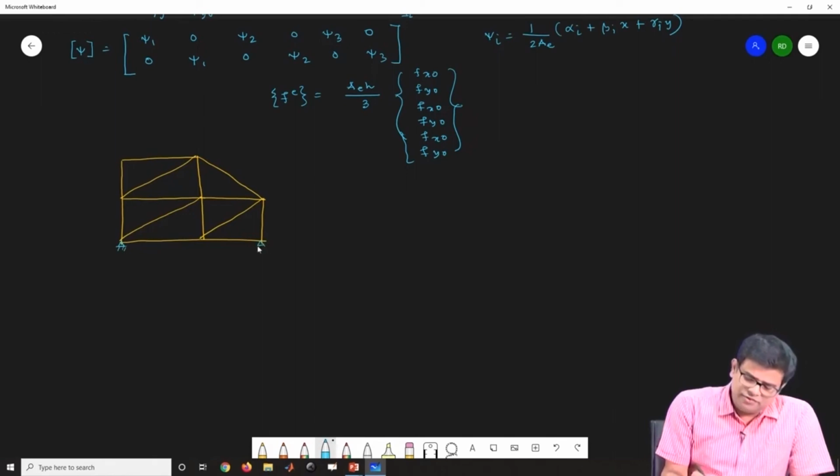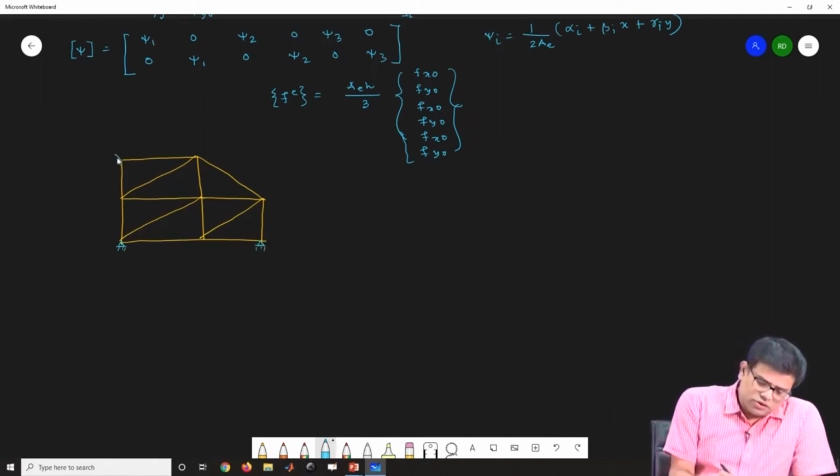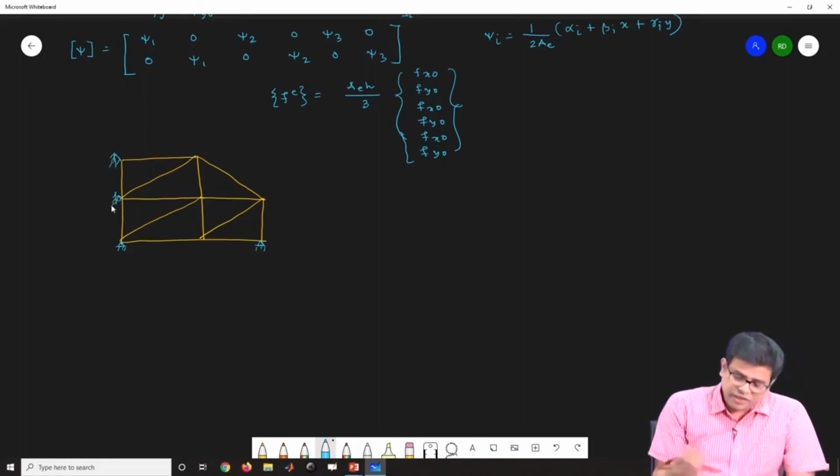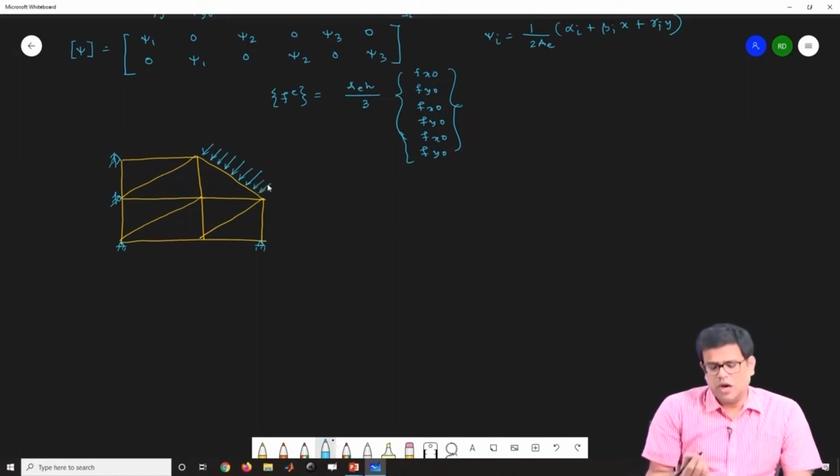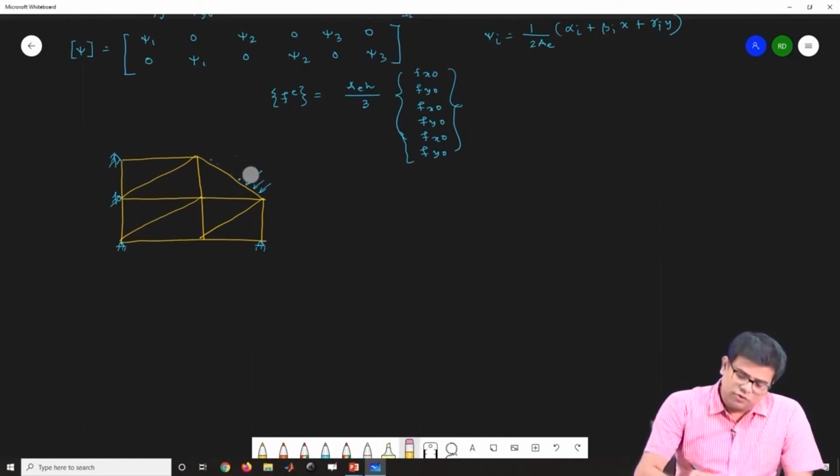Now there is a force on this structure, which is normal to this part. Suppose this can be a uniformly distributed force, a triangular force, a variable force, or any other force. Let us take the triangular force for simplicity.